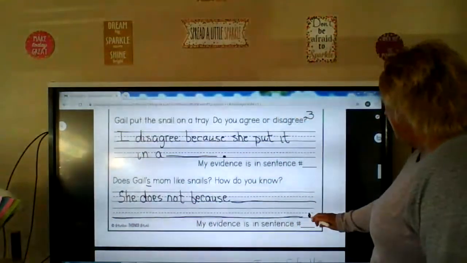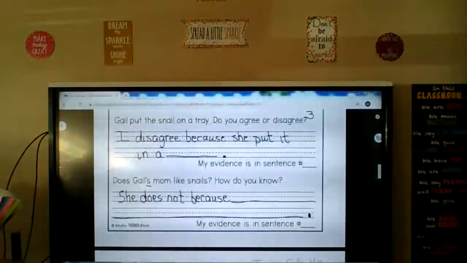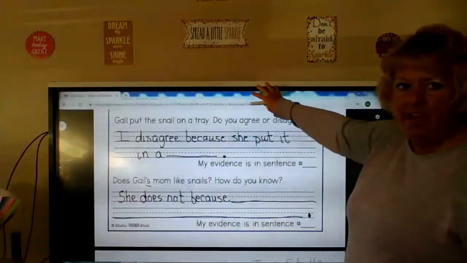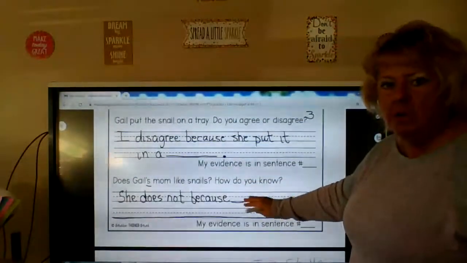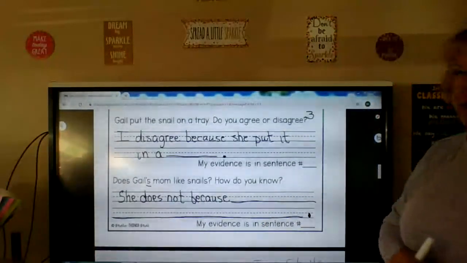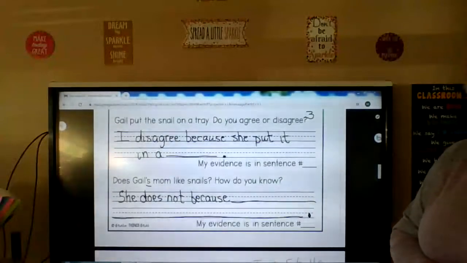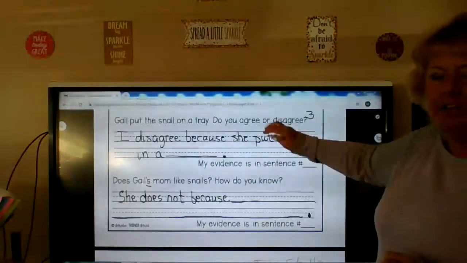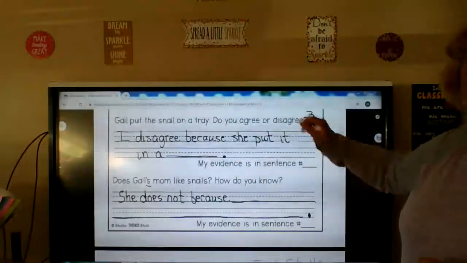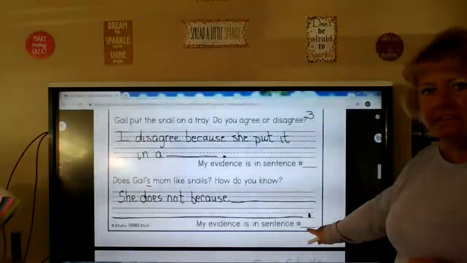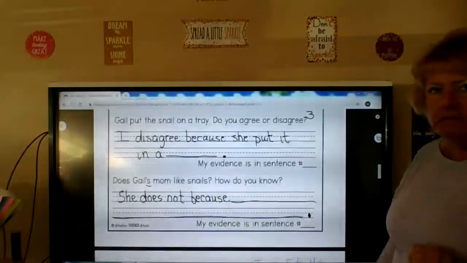You have to finish that sentence. She does not like snails because, go up to the story and find your answer. When you find it, look what sentence your answer's in and write the sentence number right here. Find your evidence, find your proof that you're right in the story, write down the answer, and then write down the sentence number that you found the answer in.